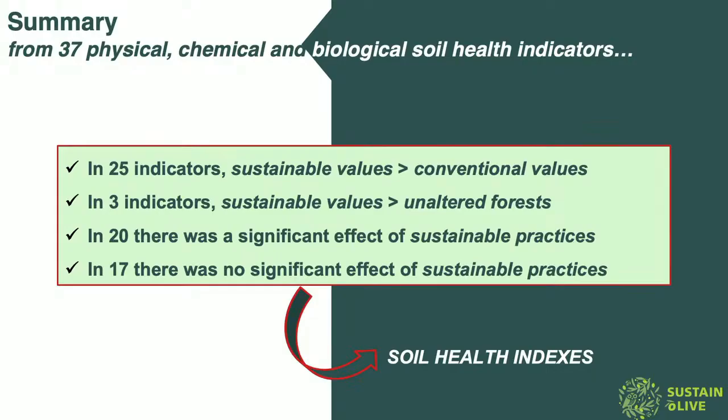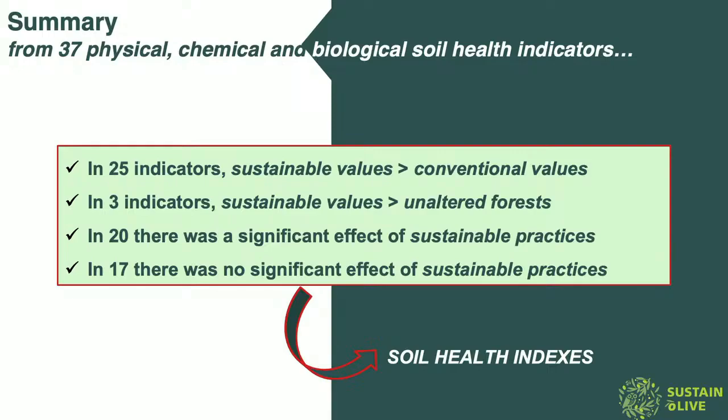Yes, to make a summary, because I'm finishing, we measured 37 physical, chemical, and biological soil health indicators, including the soil erosion ones. In 25 of them, the values in the sustainable olive growing were higher or better than in conventional ones.